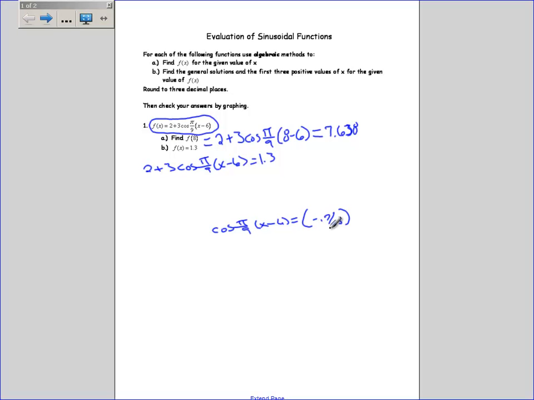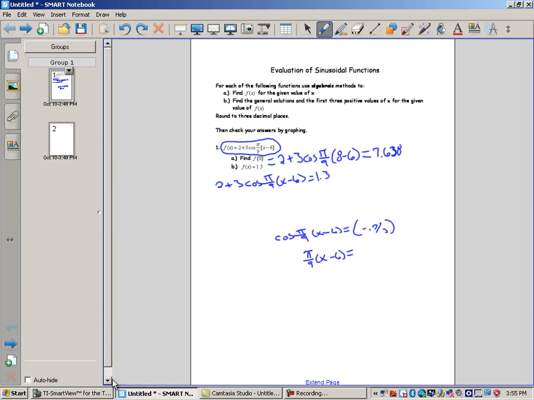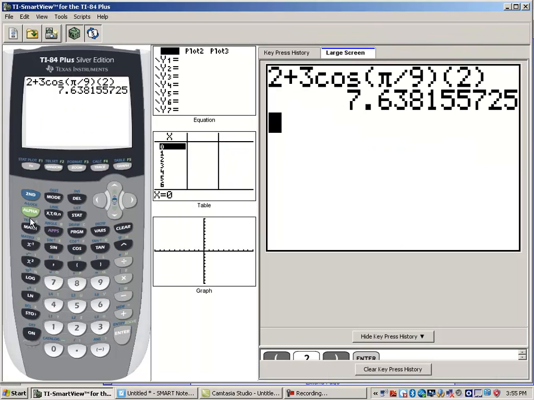Okay, now I'm trying to find what x is. So I'm going to do the arc cosine of both sides. So I will get that pi over 9 times x minus 6 gives me the arc cosine of this. So I'm going to type that in on my calculator, the arc cosine of negative 0.7 divided by 3.